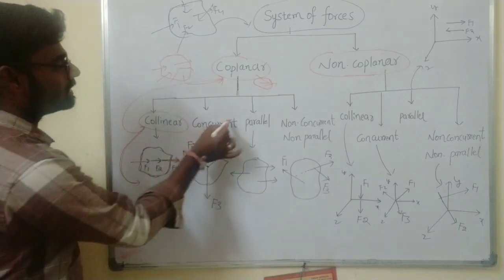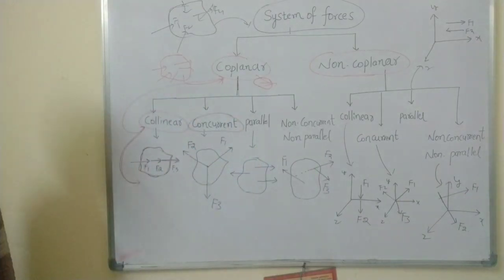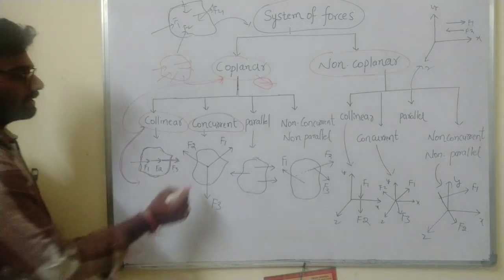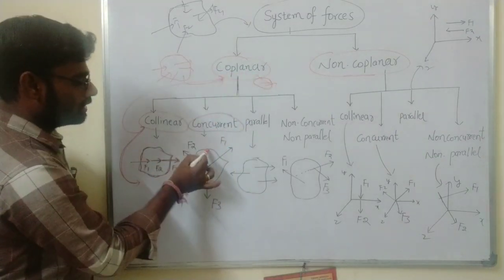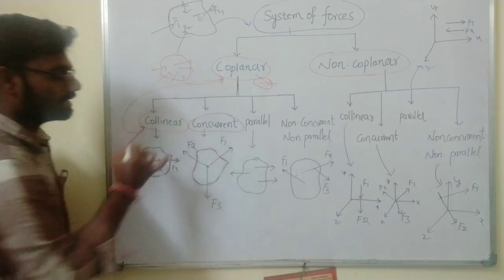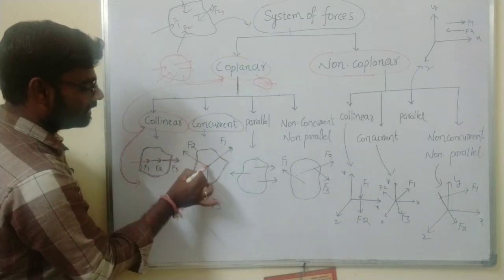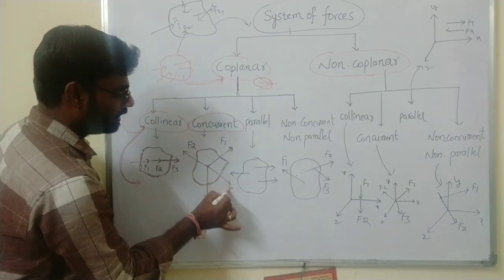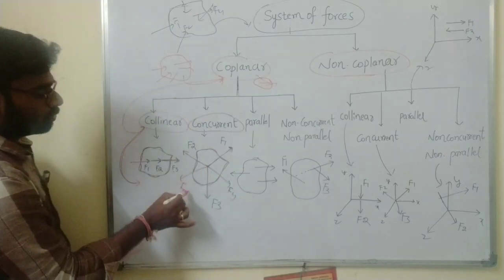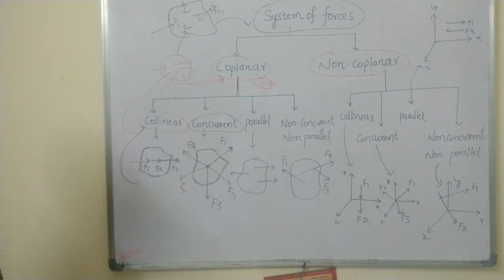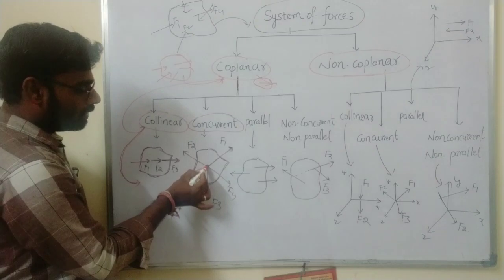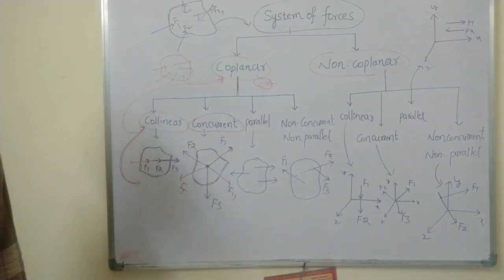The next one is concurrent forces, that is, concurrent coplanar forces. This is a single plane. Now I am taking different forces F1, F2, F3, F4, F5 or F6, whatever they may be. All the forces meet at one point, and those forces are known as concurrent forces.